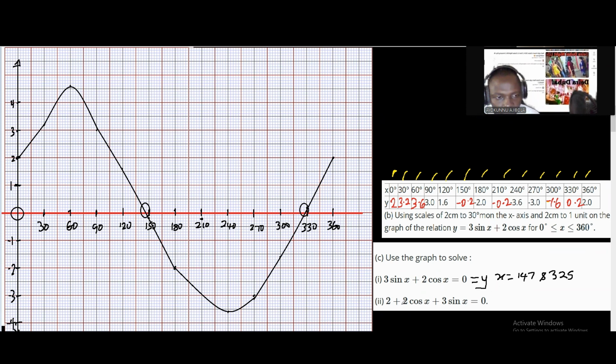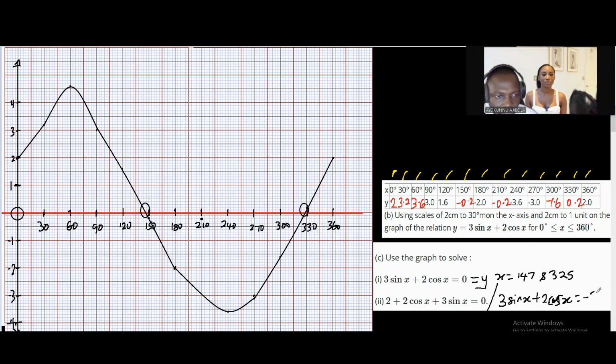Then this second part says 2 plus 2 cos x plus 3 sin x. All we need to do for this one is to rearrange this such that our y is going to be outside. So we have 3 sin x plus 2 cos x equals negative 2.